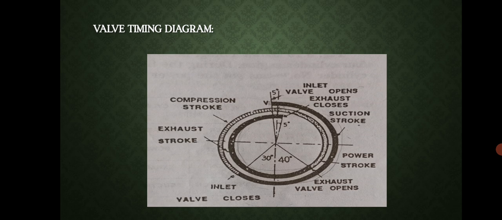For most average tractor engines of 4-stroke cycle, the inlet valve opens about 5 degrees before TDC and closes at about 30 degrees after BDC. The exhaust valve opens at 40 degrees before BDC and closes about 5 degrees after TDC.